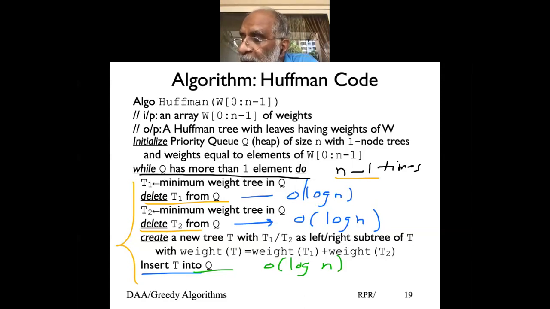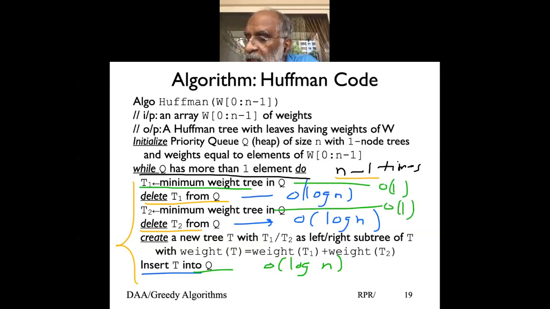So delete min is order log n time, find min is order 1 time. So finding a tree is order 1. Finding is again order 1, but since I'm doing a delete, it is order log n. Creating a new tree is again order 1 time, because I'm joining two trees, so this is a one step operation, but insert again takes order log n time.